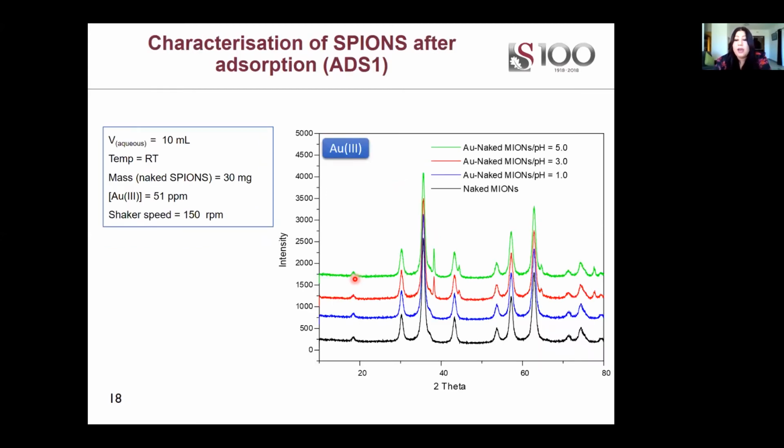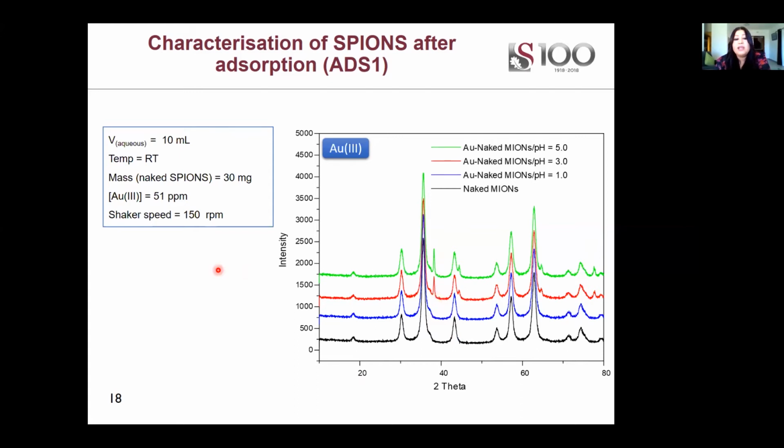We also did some characterization of our materials after it's been adsorbed. And we saw, obviously this is magnetite, and this is at a pH of 1, which we didn't extract much gold. But for the pH 3 and pH 5, we saw these peaks, which is for metallic gold.